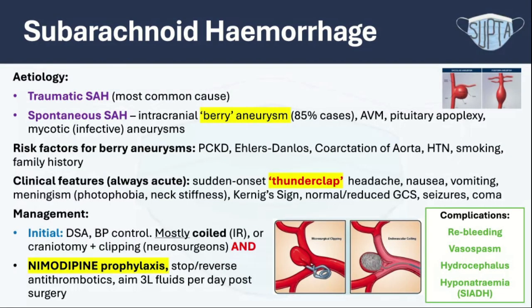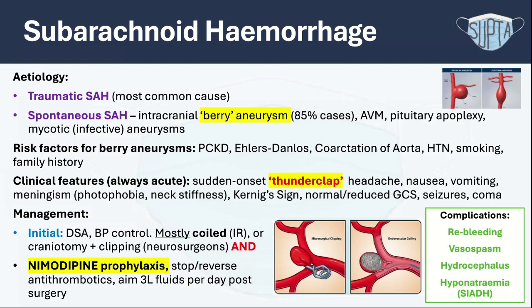Another very important aspect of management that I can think about is nimodipine prophylaxis, because nimodipine, a CCB, calcium channel blocker, reduces the risk of delayed cerebral ischemia after aneurysmal subarachnoid hemorrhage. It is given early, usually enterally, so through the mouth, and so basically after a subarachnoid, there's a major risk of vasospasm.